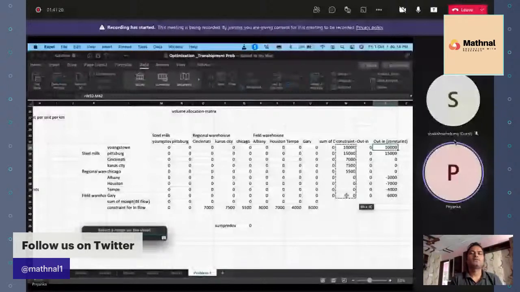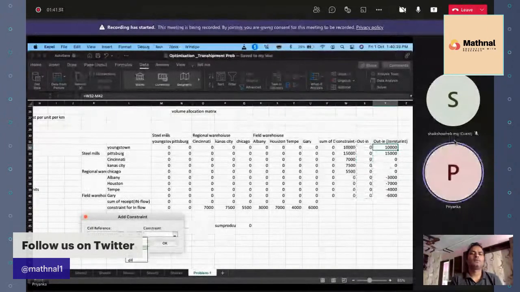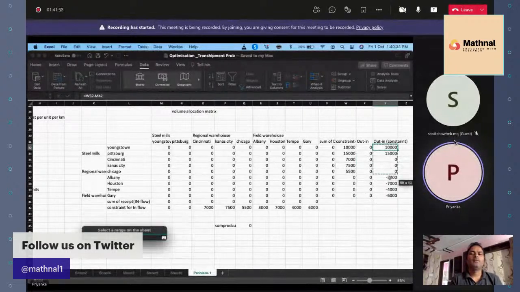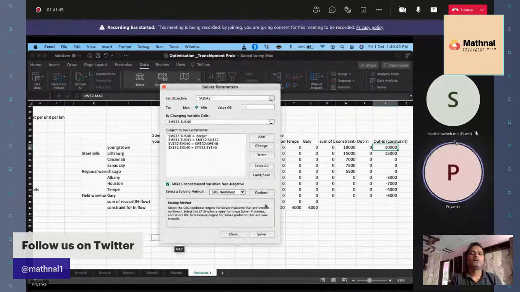The third constraint is out minus in, is equal to out minus in constraint. Everywhere I have labeled in such a way that you get the understanding. Add. Cancel. Now go to simplex LP.